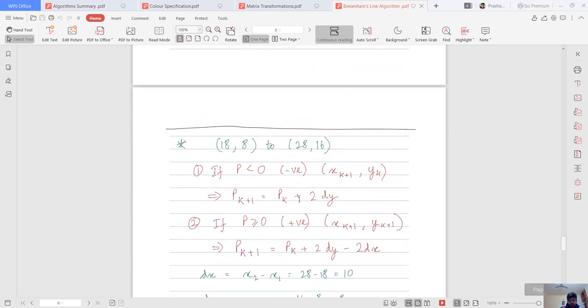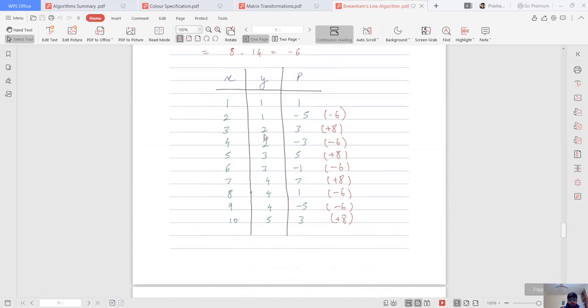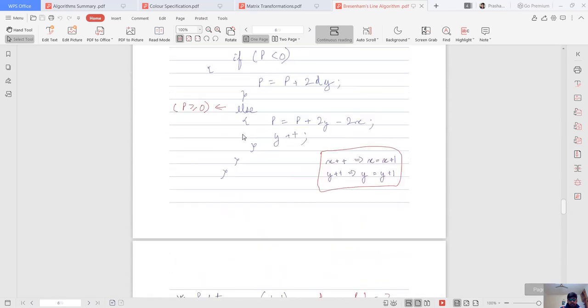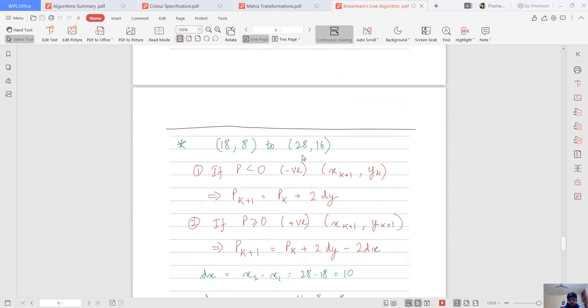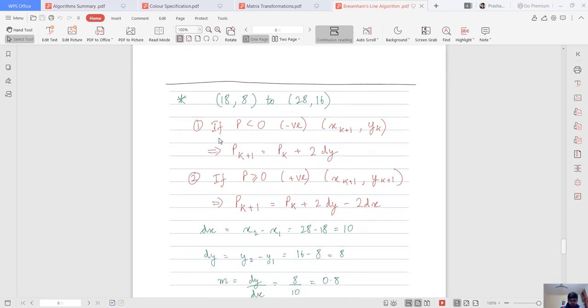Let's leave this, because I have not given this. Let's suppose we are going from point 18,8 to 28,16. The x difference is 10 and the y difference is 8, so x is bigger, so this is in the first octant.